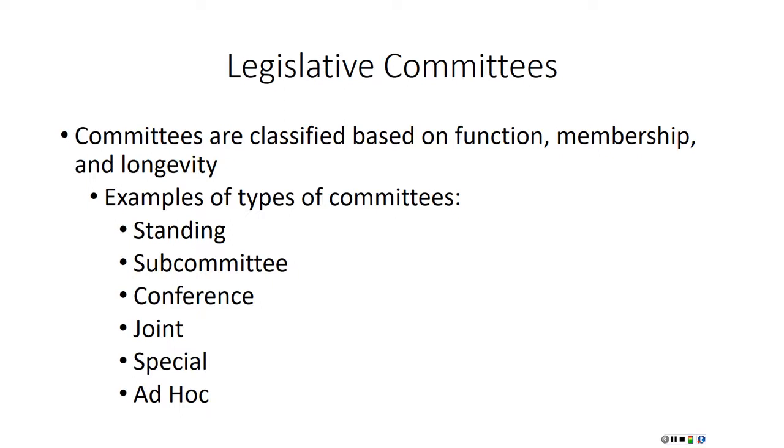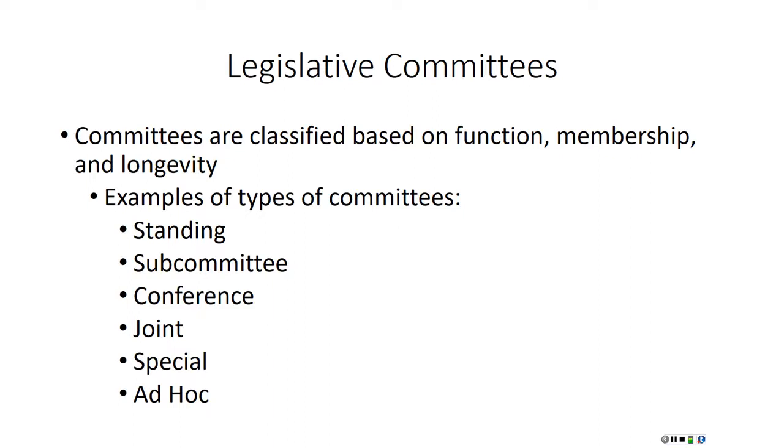Standing committee, they have the authority to write or to change legislation. A member writes a bill, it goes to a standing committee. They have the authority to change it, to amend it. Their membership, exclusive.